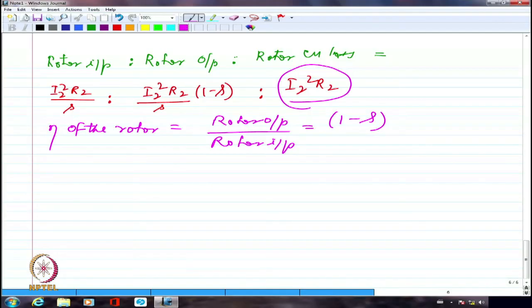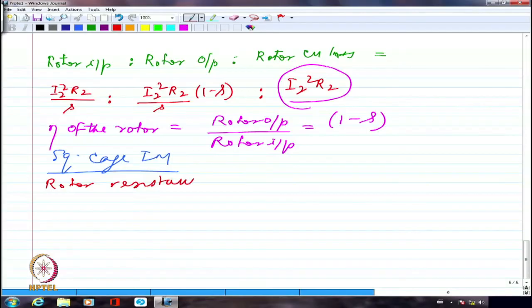So if I look at squirrel cage induction motor, which has thick rotor bars, the resistance is small. The rotor resistance is small, the rotor copper losses would be small normally for a squirrel cage induction motor.